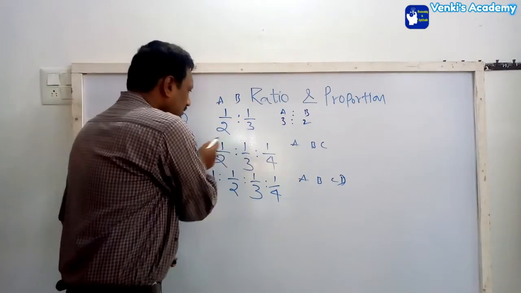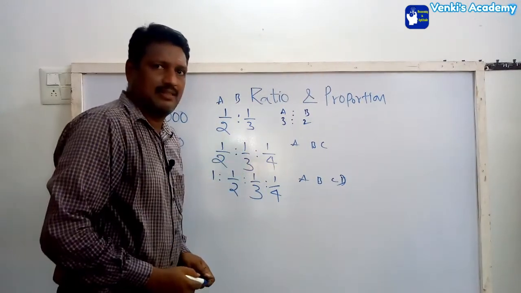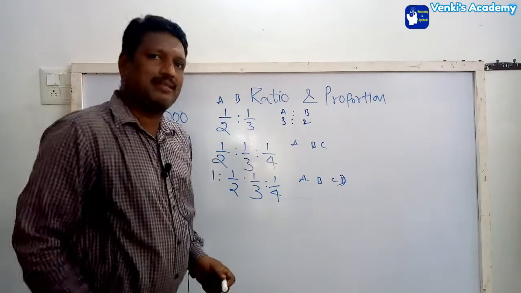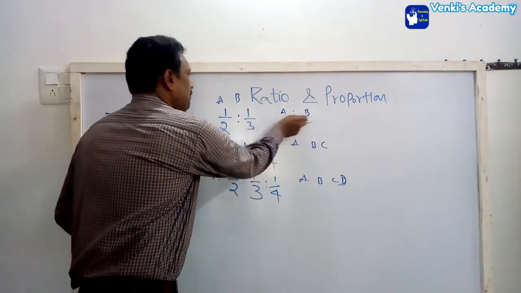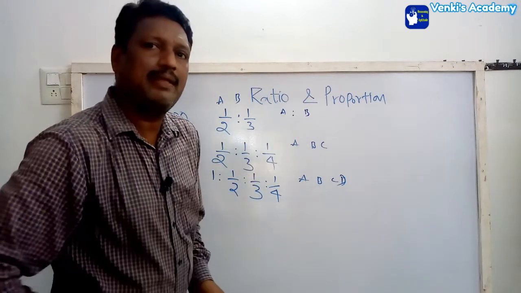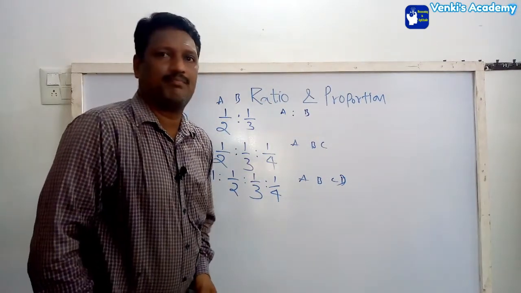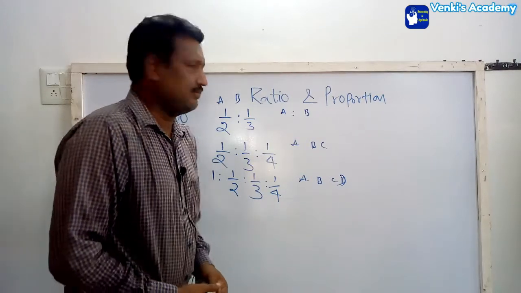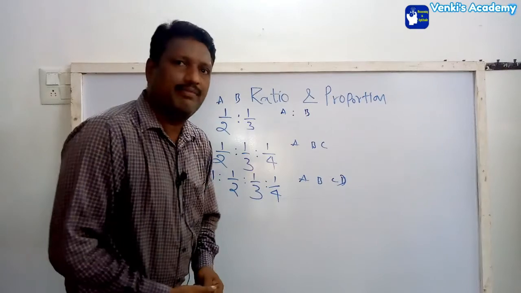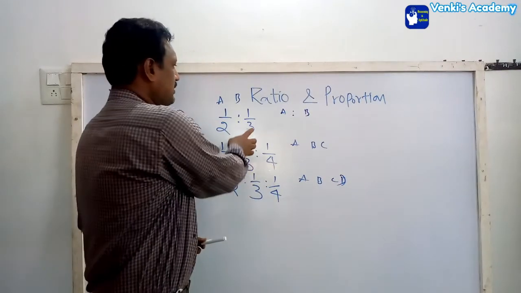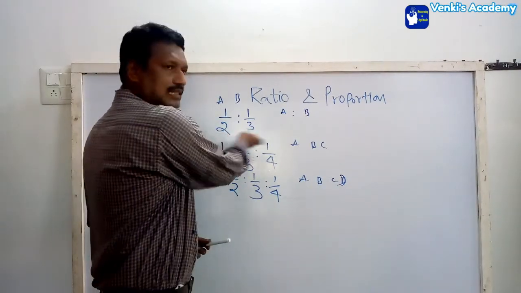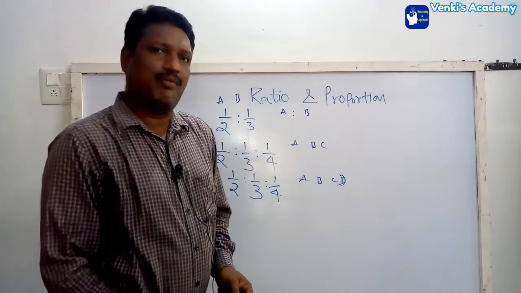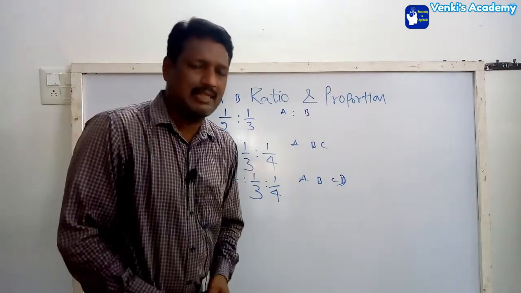Suppose there are 3 fractions. Cross multiplication won't apply, so simply take the LCM. If somebody finds taking the LCM difficult, let us see. Just look at the denominators. Take the bigger value, which will help us find the LCM.